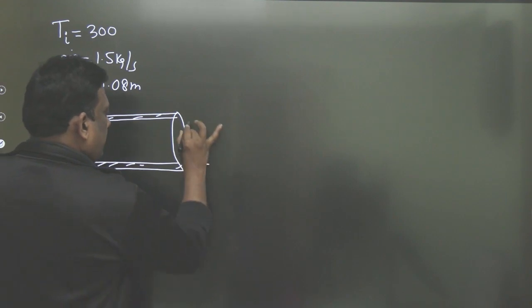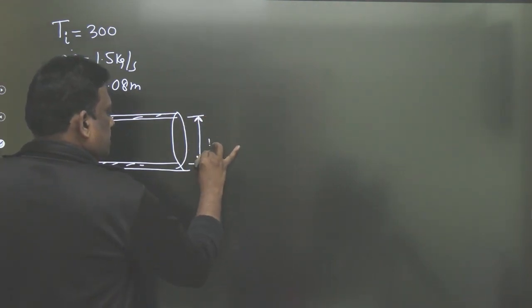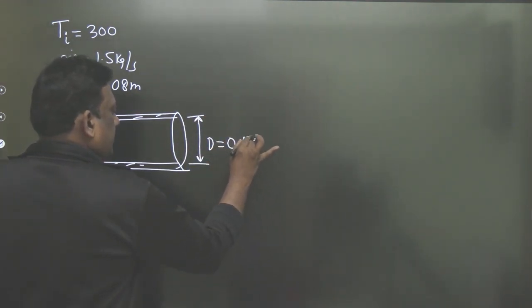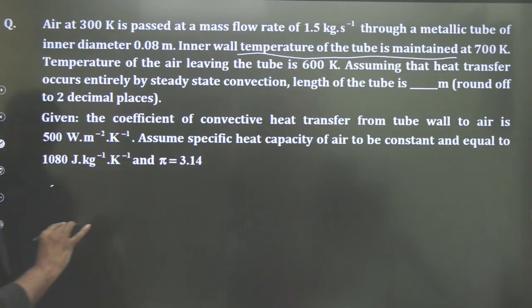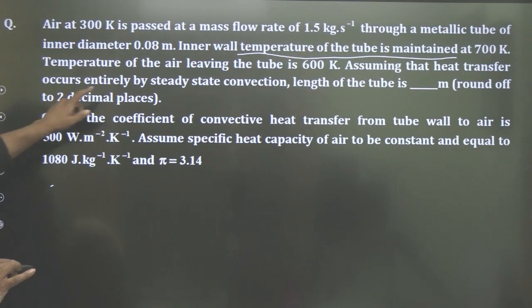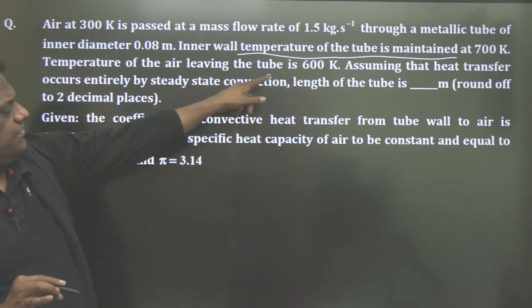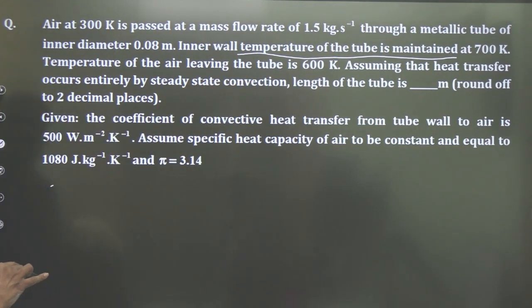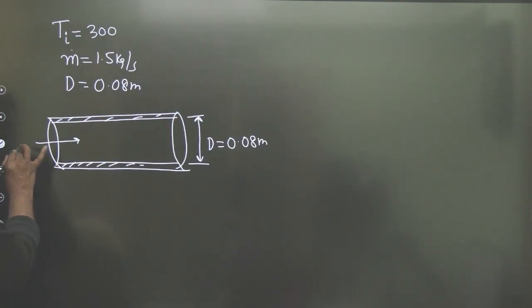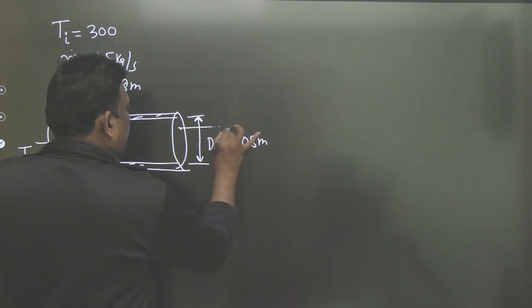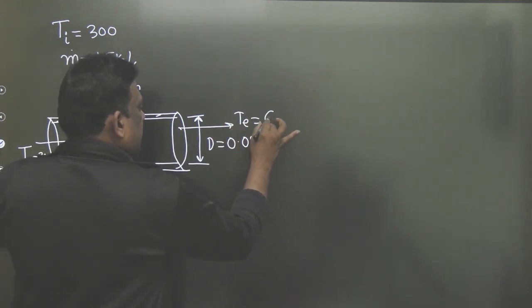The inner diameter is given as 0.08 meter, and the flow rate is given. The temperature of air leaving the tube is 600. The inlet temperature of air is 300, and the exit temperature of air is 600 Kelvin.